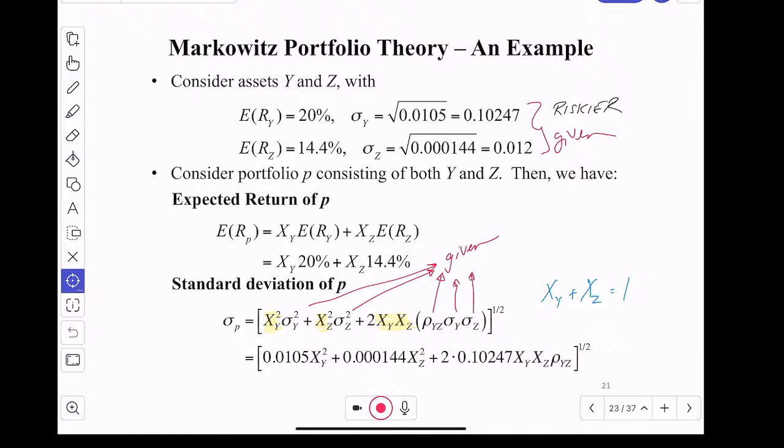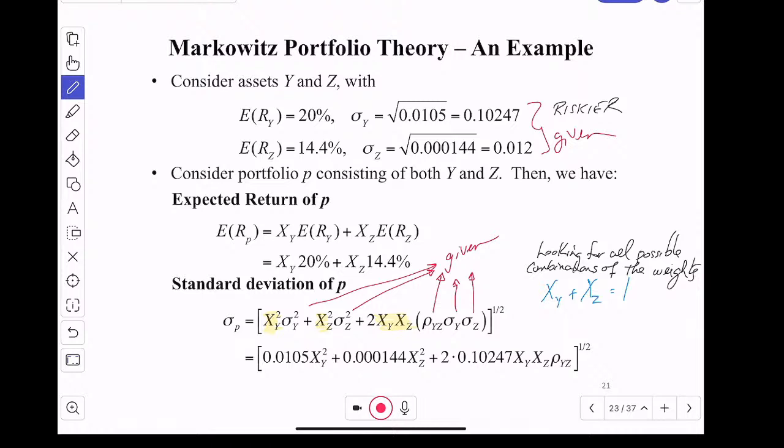So for instance, let me add, and then what we're going to do is decide or look at choosing the weights. And the weights should sum to 1.